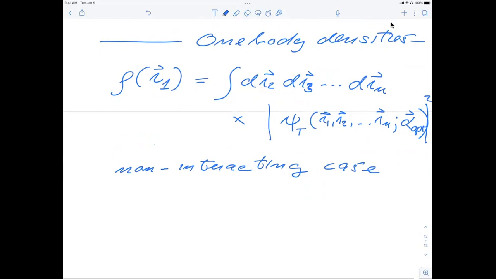The quantity you would plug in here depends on the results you get after you've run your Monte Carlo machinery and found the optimal parameters. So you actually need to have the optimal alpha parameters. When you have found the optimal alpha parameters, then you can calculate the one body density.